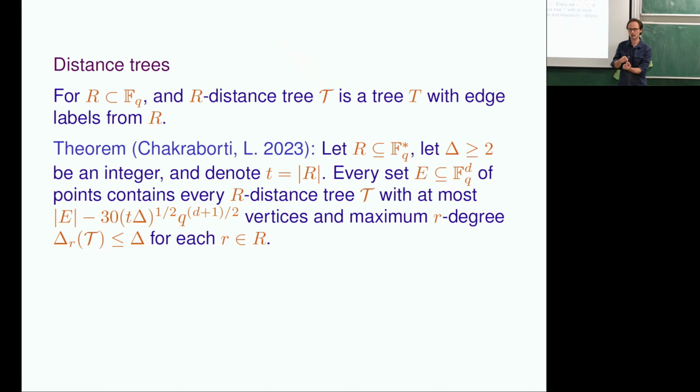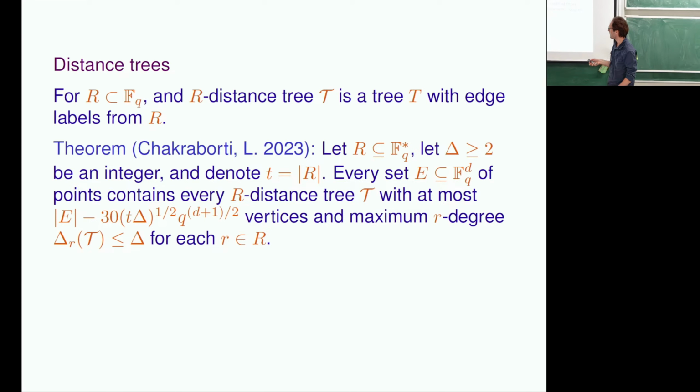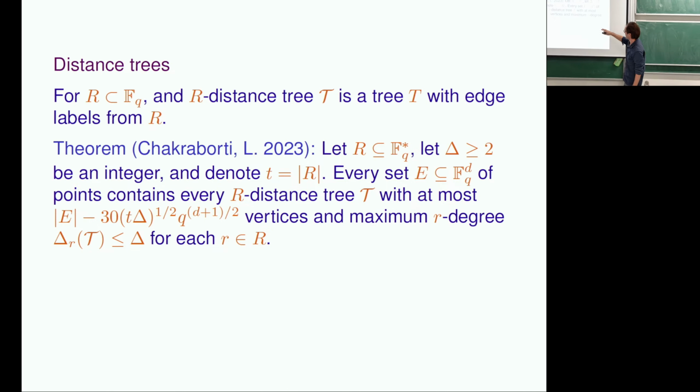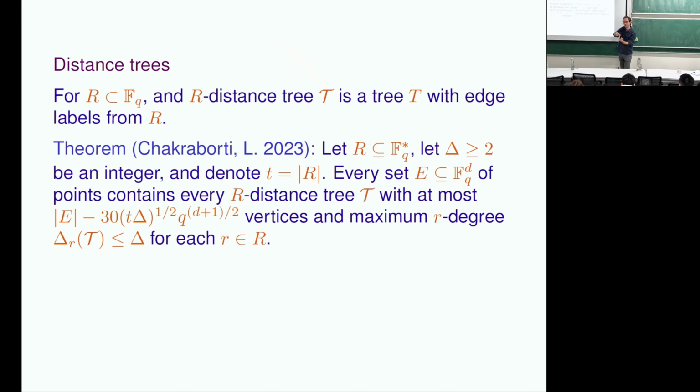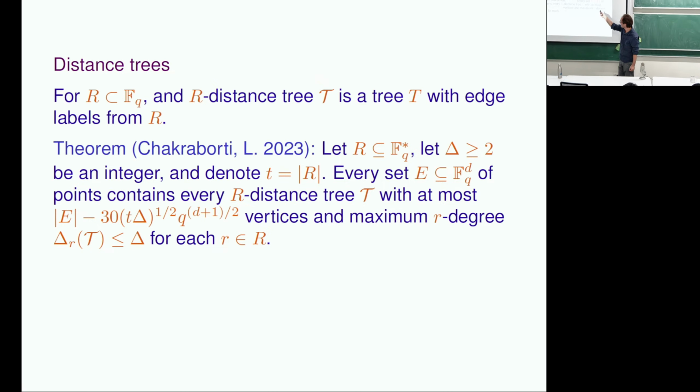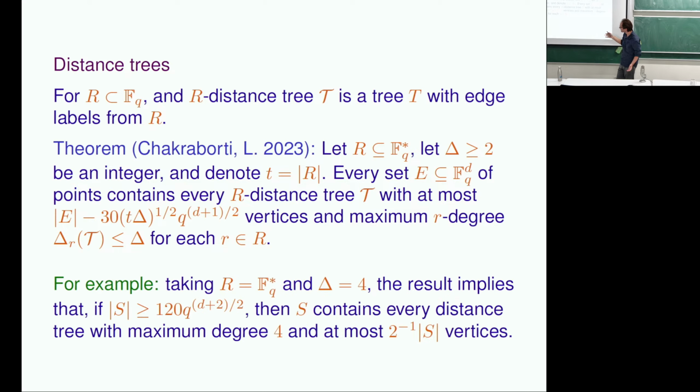If you look at a vertex, I'm going to call the R degree of a vertex the number of edges incident to that vertex that have the label R. In particular, if you take a very chaotic coloring where every edge connected to a vertex could have a different distance, then we could take delta as, well, it has to be at least 2 in the statement. But that's what I mean by R degree.